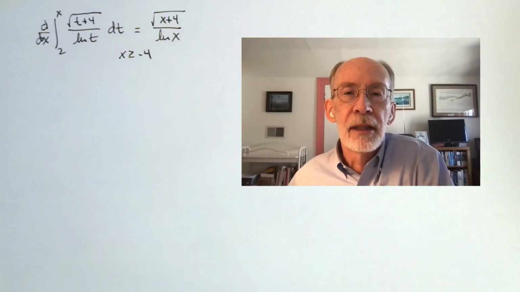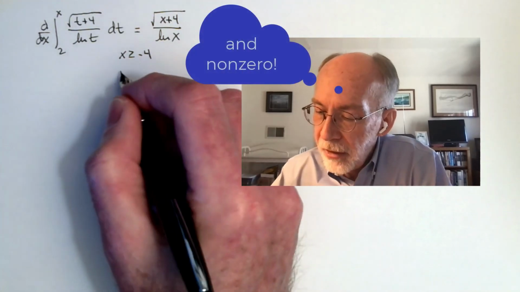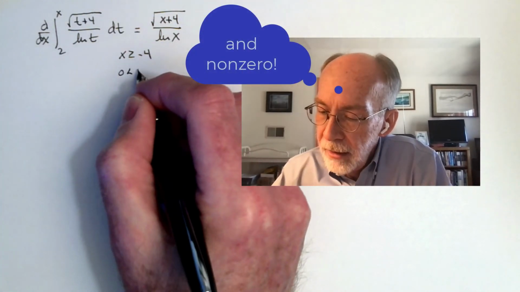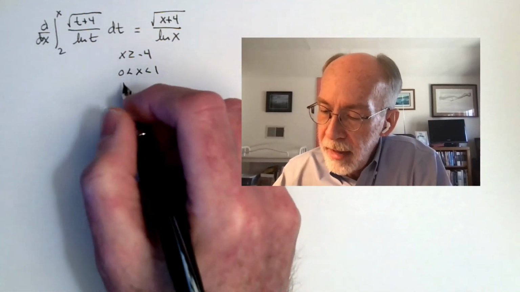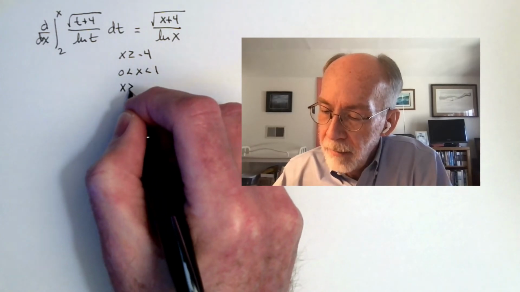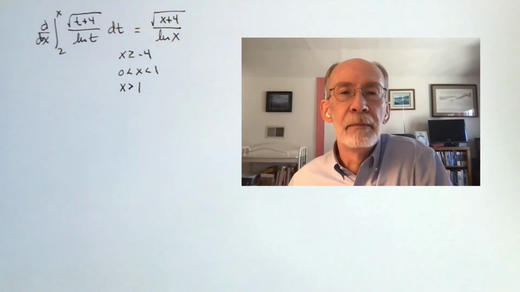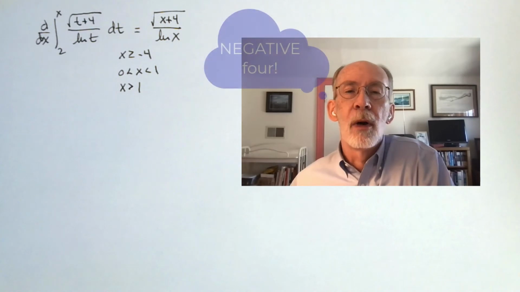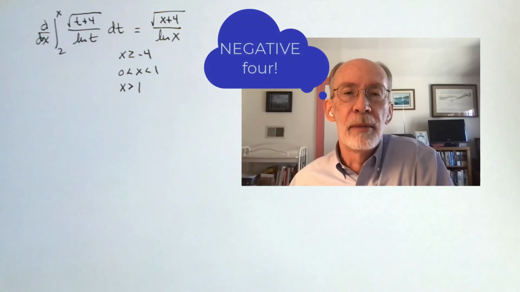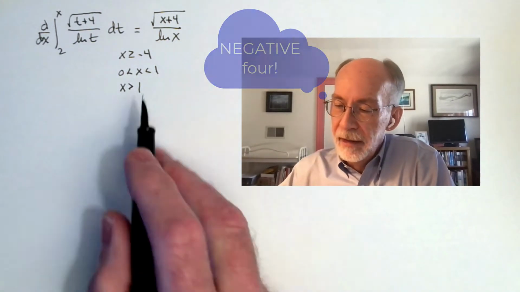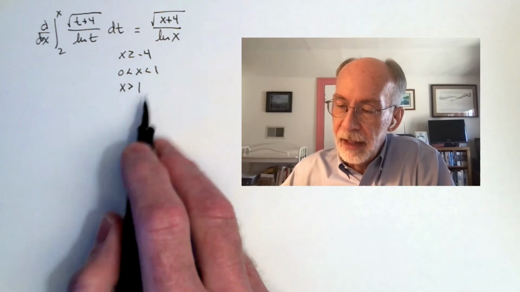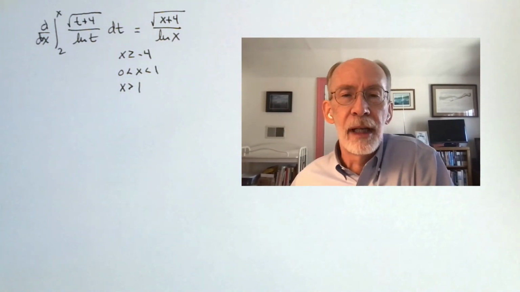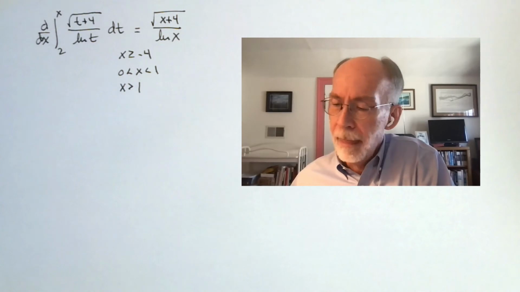And for the natural log to be continuous, we need x to be either between 0 and 1, or we need x to be greater than 1. Now, x greater than or equal to -4 contains 2, no problem there. And in fact, both of these are contained within x greater than or equal to -4, so that's not really going to be a constraint on us.